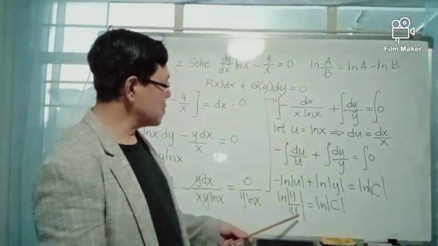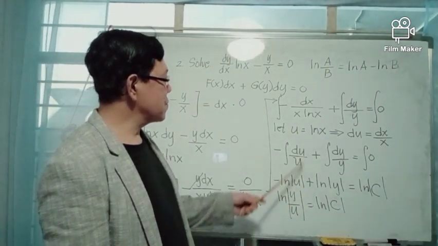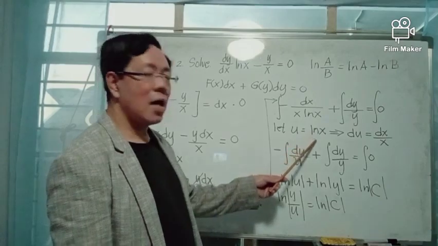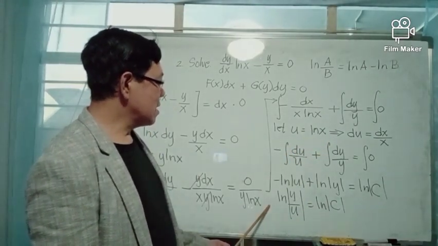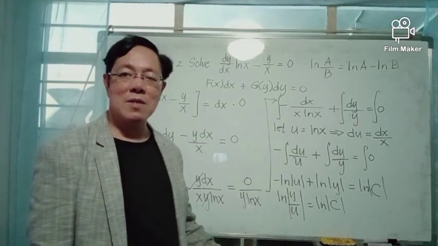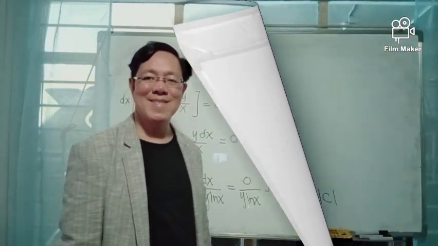Now, we substitute the value of u. U is ln of x. And we take the exponential of both sides to remove the natural logarithm from both sides.